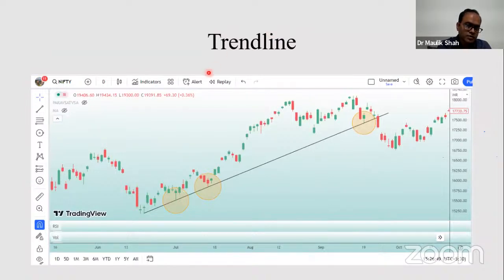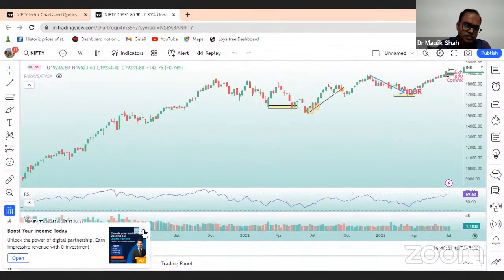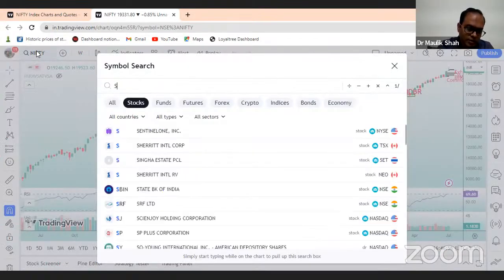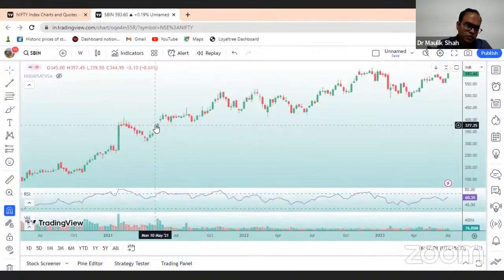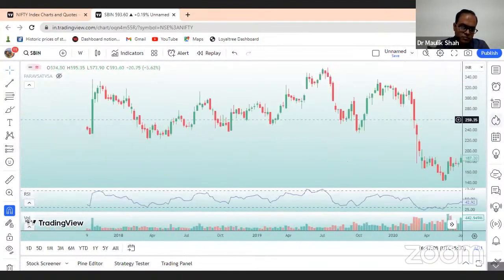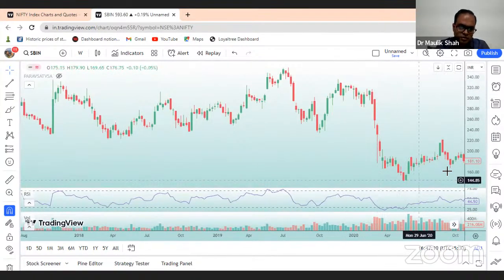Maybe we can see a live chart somewhere else. Say, for example, this is a live chart. Let's keep SBI. So see, there was a fall, and this has happened.